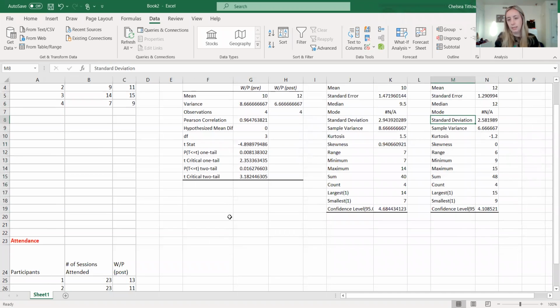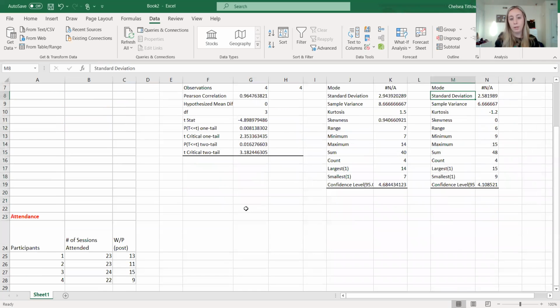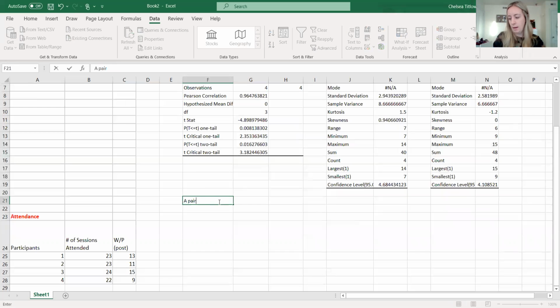So now that we've seen our standard deviation, we have our p-value, we have our mean, we can write out our findings. For this one, we would write: a paired sample t-test was conducted to compare the 2-minute walk/push test pre-test and post-test scores.